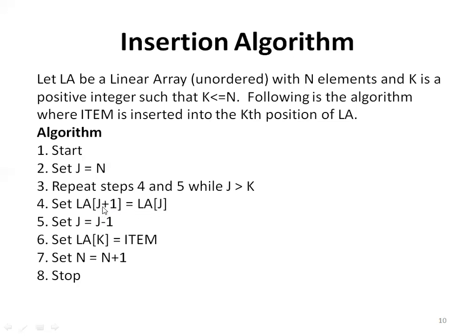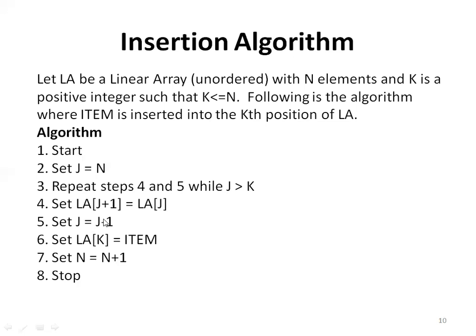So LA[j+1] means the right hand side position, the j plus 1 location, where the jth location data is inserted. So this way all data items are shifted starting from j equals n down to j greater than k.